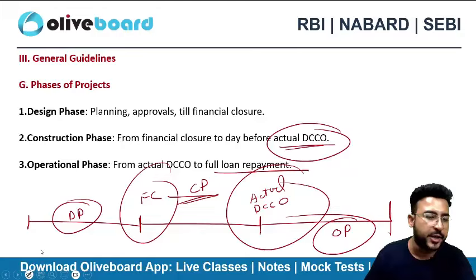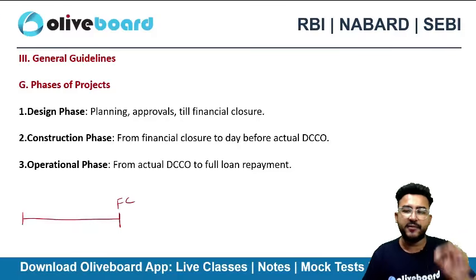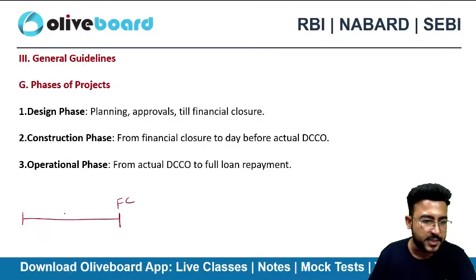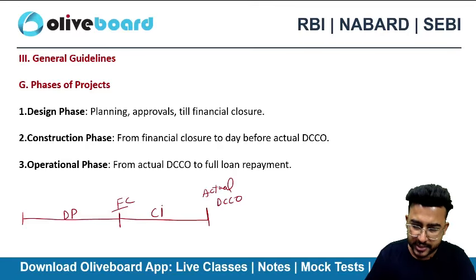Let me redraw this chart and make it more clear. This one is my starting phase. Then there will be financial closure, the date when I achieved 90% of my funding requirement. This is the design phase. Now, from the date I achieved my financial closure till the date of commercial operation, actual DCCO, this is my construction phase.